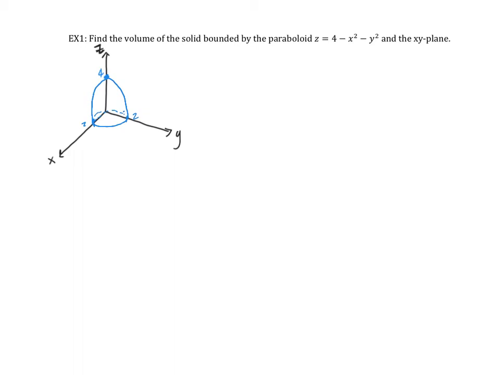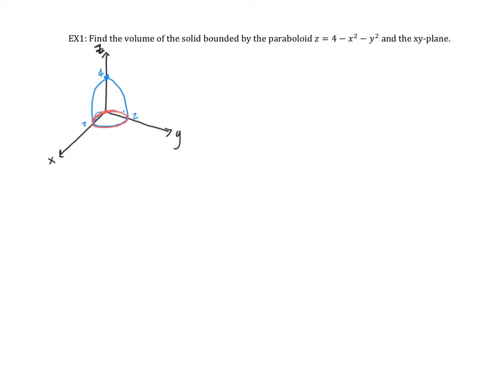So remember, the region that we're looking for is the region in the xy plane. That's going to determine our limits of integration. And then for every point in the xy plane, it's going to correspond to some z value, which creates our volume.